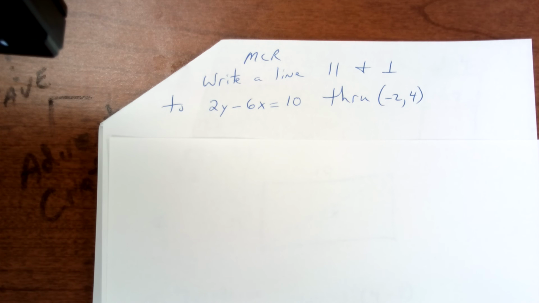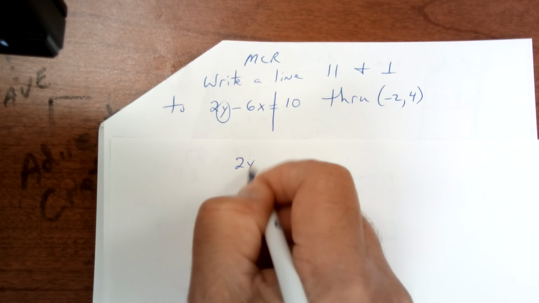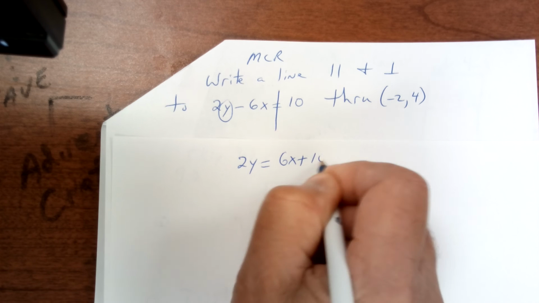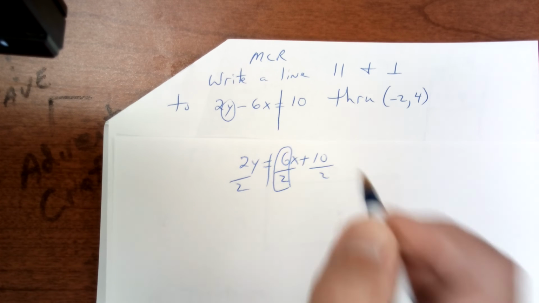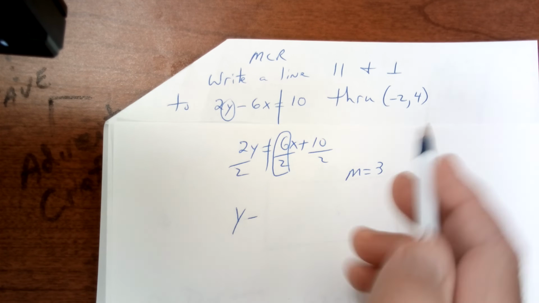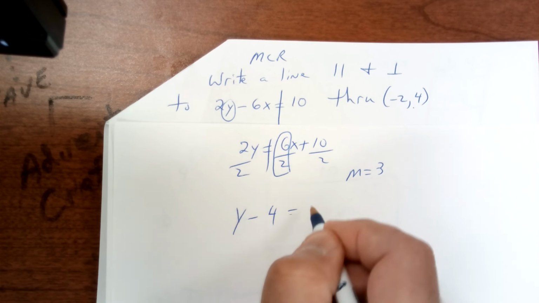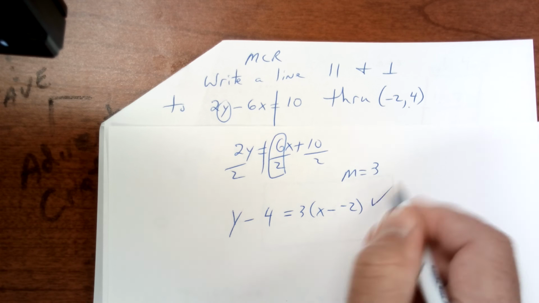All right, so to do parallel and perpendicular, you have to first solve this for y. So you're going to get 2y is equal to 6x plus 10. Then you're going to divide by 2, and you're going to get your slope is 3. So you're going to say y minus your y equals your slope, and then x minus your x. And there it is, that's point slope.